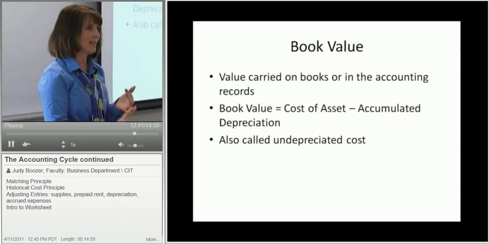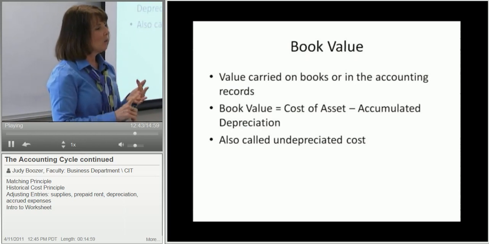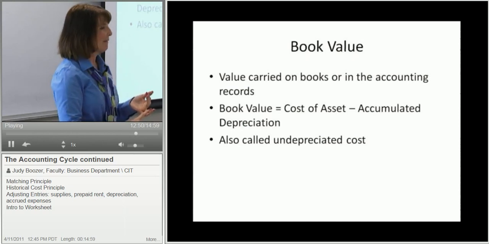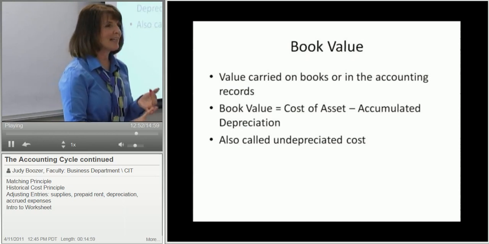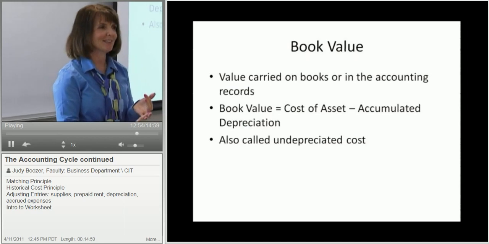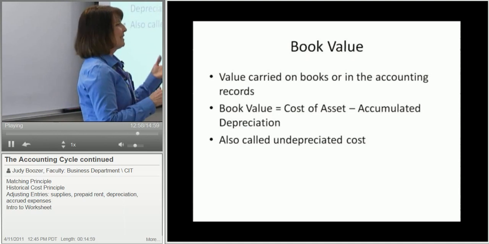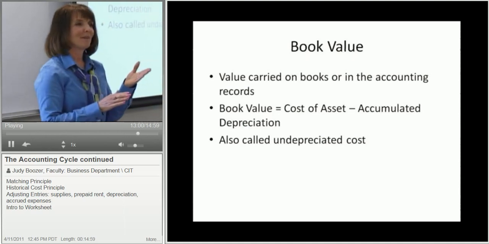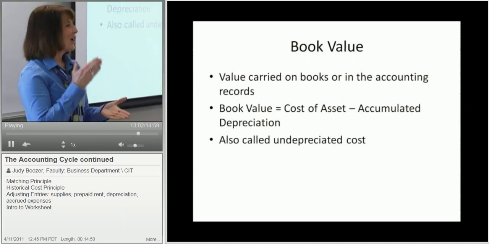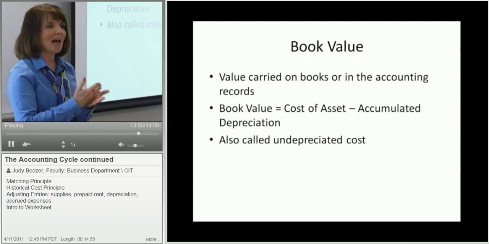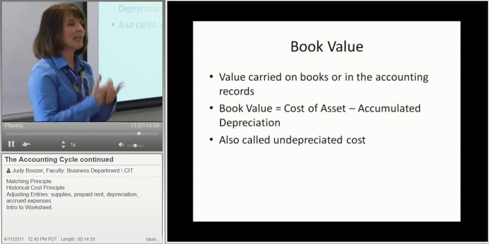Now, as a quick review, which assets can we depreciate? Which assets can we depreciate? Items that have value at the end of their life. More. No. No. Equipment, or those assets that last longer than a year.